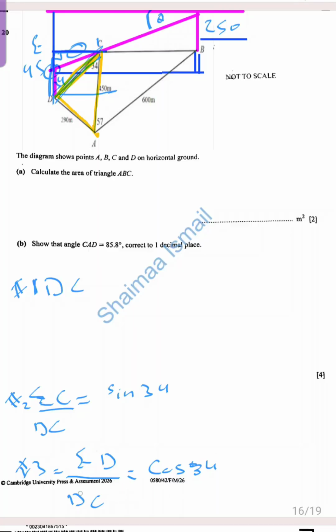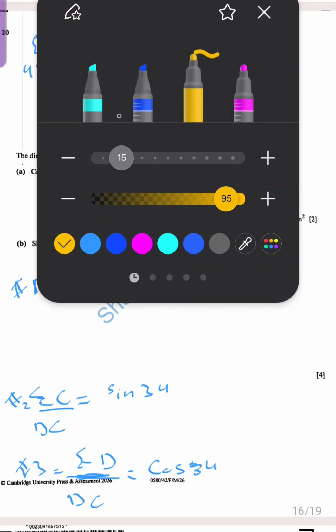So when we get the ED, it's easy to take away from it this 45, this small part. Remember, this will be the ED. If we take this 45, we can get this part and add it to the 250. I just want to explain it for you, and let's work on these steps.